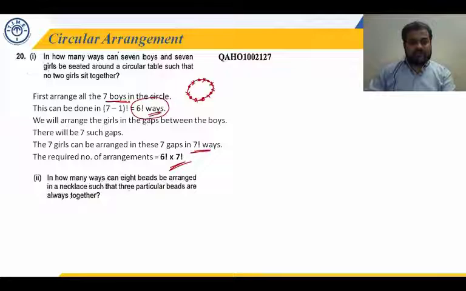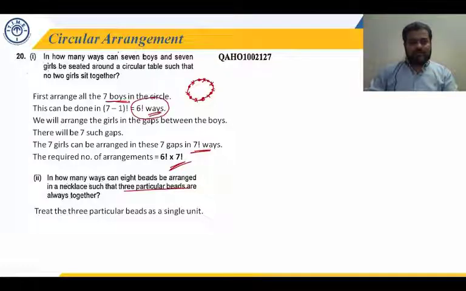Now second part. In how many ways can 8 beads be arranged in a necklace such that the 3 particular beads are always together? So this is a case of things being kept together. So these 3 particular beads, let's treat them as a single unit.